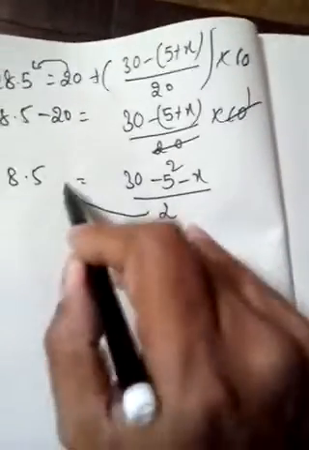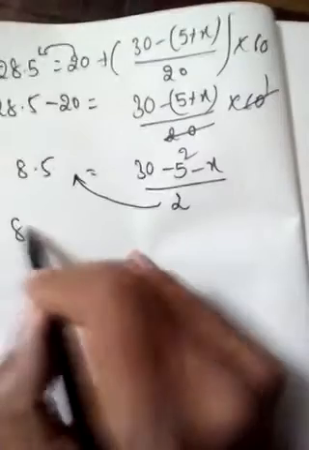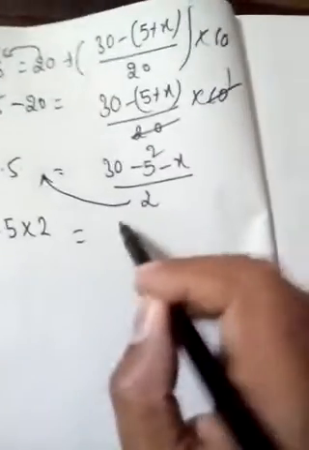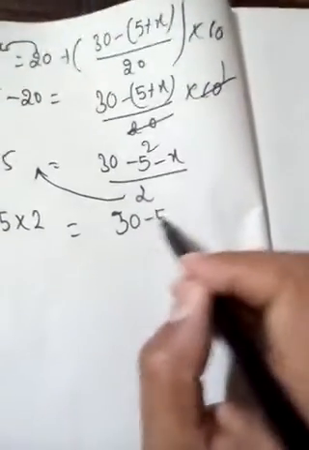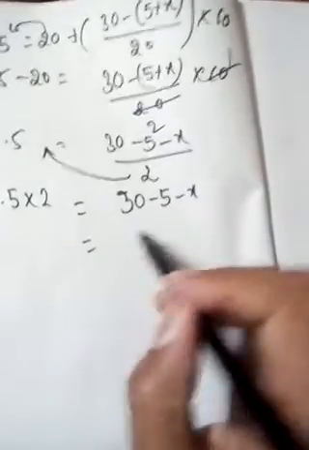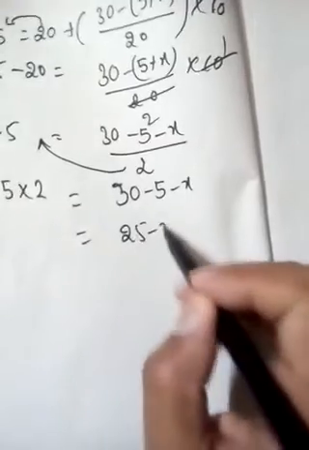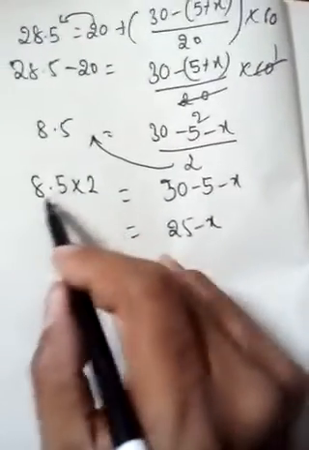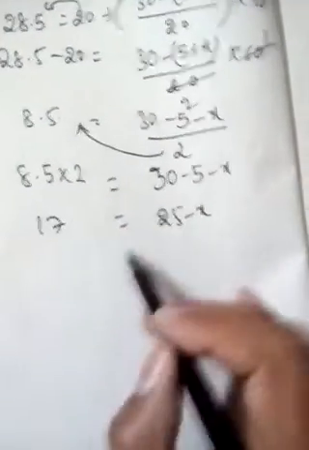The 2 is dividing, so if you send it to this side, multiply. So 8.5 into 2 is equal to 30 minus 5 minus x, which is 25 minus x. And 8.5 into 2 means 17.